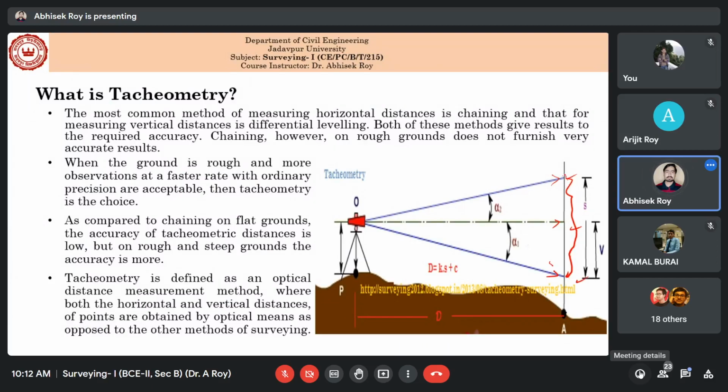With the help of these three readings, not only can you calculate the RL of this point, but also the horizontal distance of this point from the instrument. So both of these things you can do.